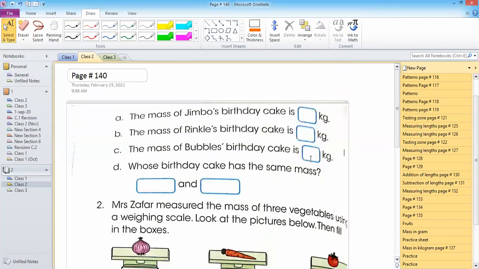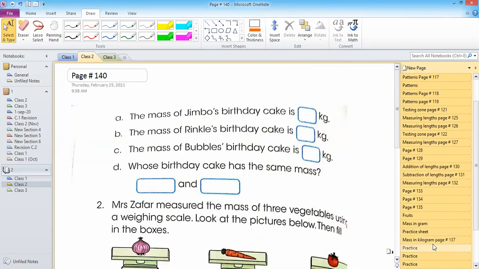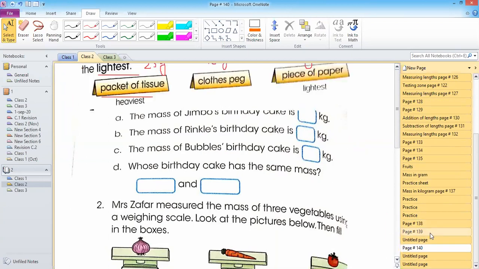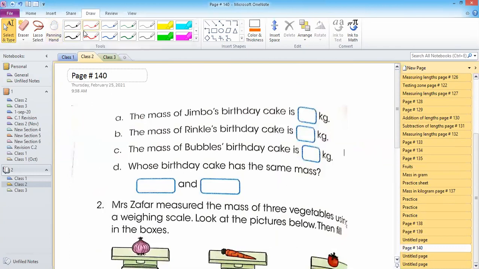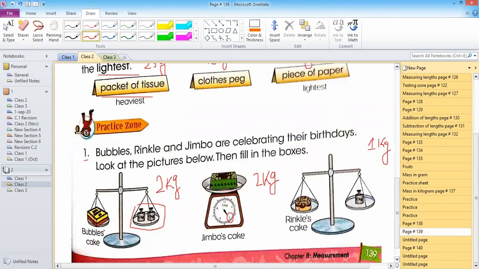Now check on page number 139. The question is here. The mass of Jimbo's birthday cake is dash. On page number 139, Jimbo's cake mass.